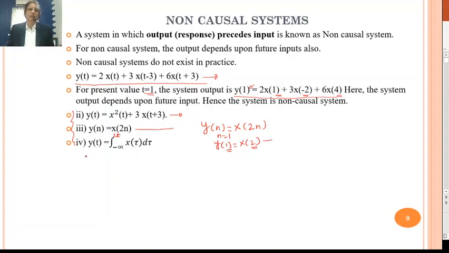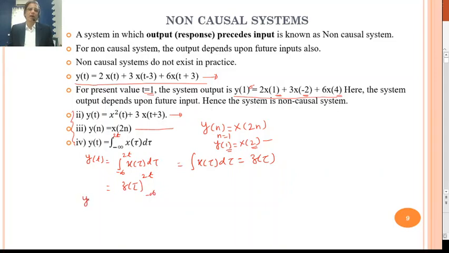Now the last example, y(t) equal to the integral from minus infinity to 2t of x(tau) d tau. Here we consider the integration of x(tau) d tau equal to z(tau), so we get z(tau) from minus infinity to 2t.